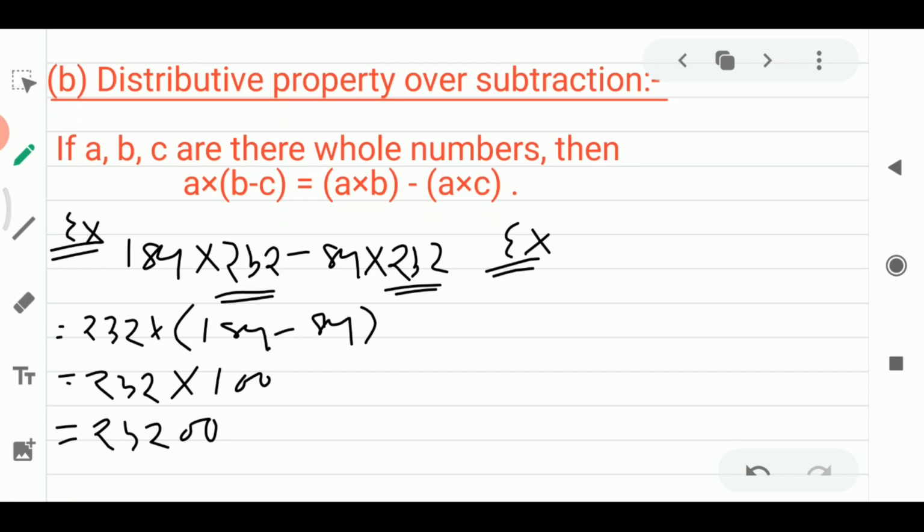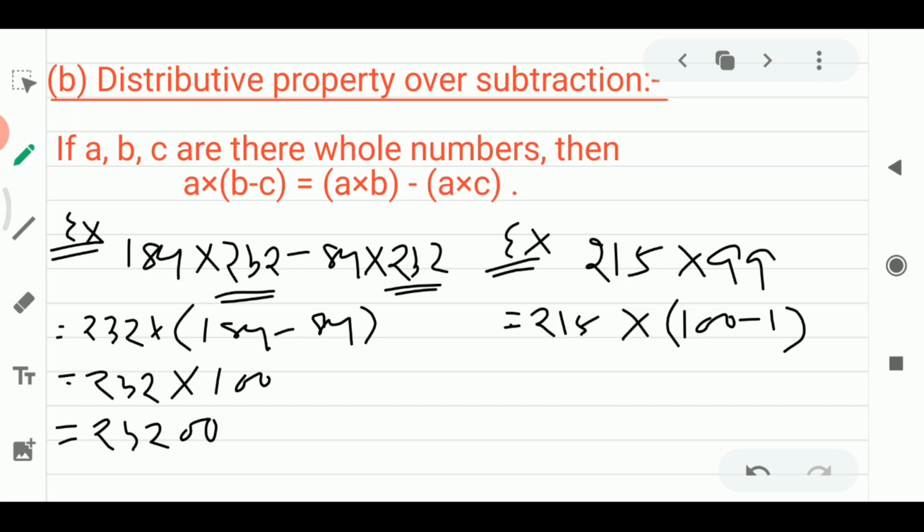Let's do one more example. Suppose 215 into 99. The question is to multiply 215 with 99 by using the property. So now we'll write 215 as it is into this 99 can be written as 100 minus 1. Now we can apply the formula a into b minus c. Here a is 215, b is 100 and c is 1. So a into b minus c is equal to a into b minus a into c.